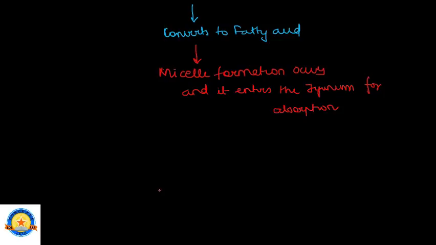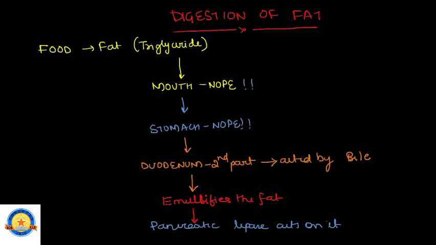Now there are two things, no? One thing that has emulsified the fat, so it will be like this, I tell you. So the fat is coming, if you yellow. The fat is coming from the mouth, nothing happened, same fat is coming, and in the duodenum, something is acting on this fat, that is the bile. So now it is emulsified.